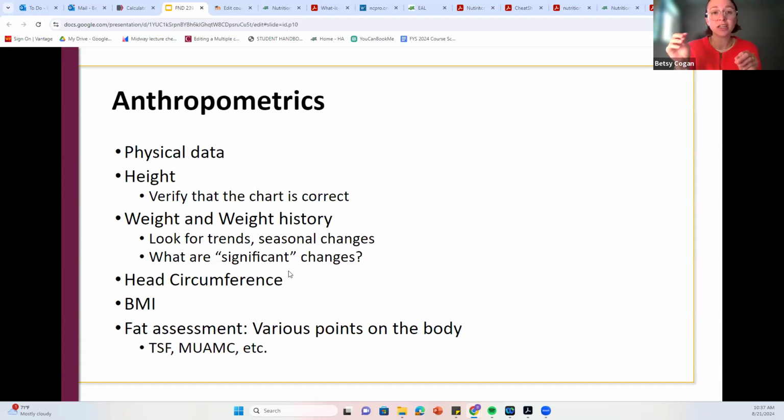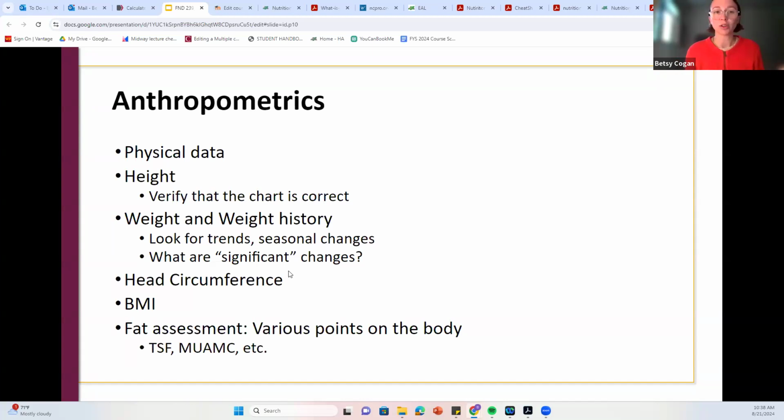Do their pants fit tighter now than they did before, or looser now than they did before? Some people don't weigh themselves every day, and so using language like that could help a patient describe changes in weight that maybe they're not seeing because of the numbers, but have observed because of the way their clothes fit. We're maybe looking for changes in head circumference. Certainly that's applicable with infants.